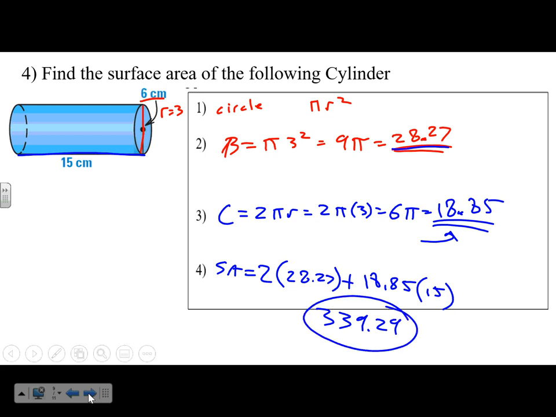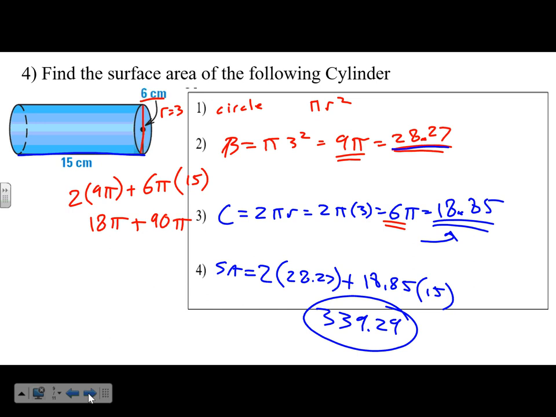Now, technically, if you wanted to, you could leave it in terms of pi. So it would be 2 times the base area plus the circumference times the height, 15. That would end up being 18 pi plus 6 times 15, which is 90 pi.